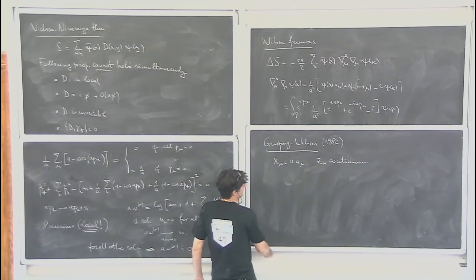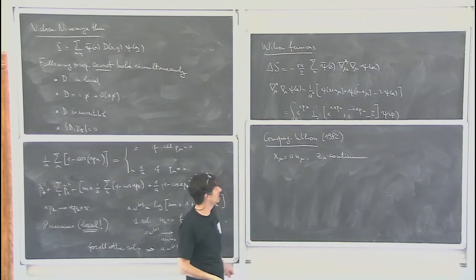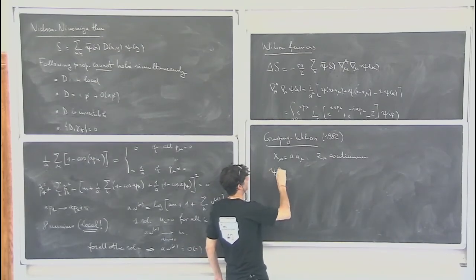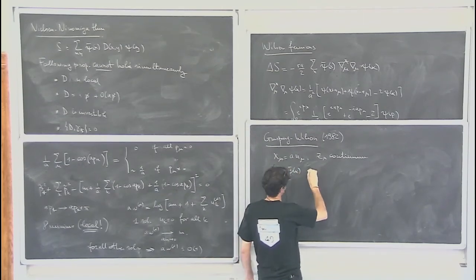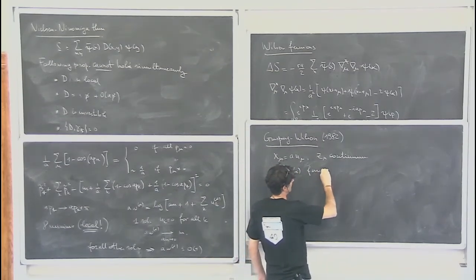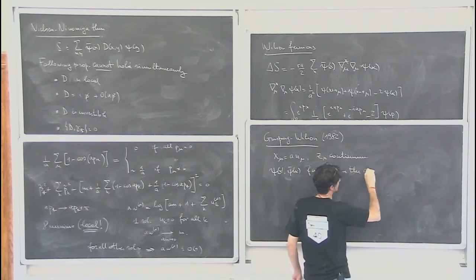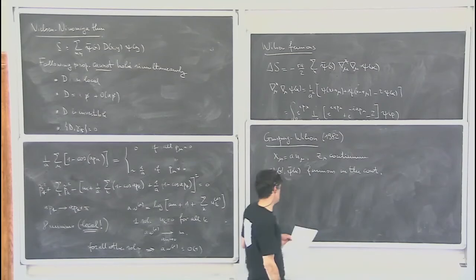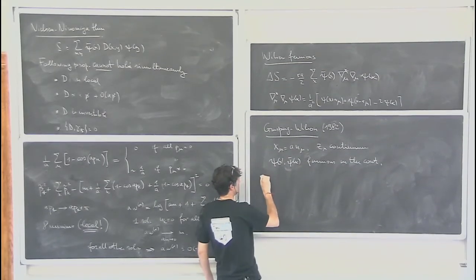And then I'm going to assume that I have a fermionic theory in the continuum. So my fields psi and psi bar are just the usual fermions in the continuum. And now I'm going to define a lattice field.